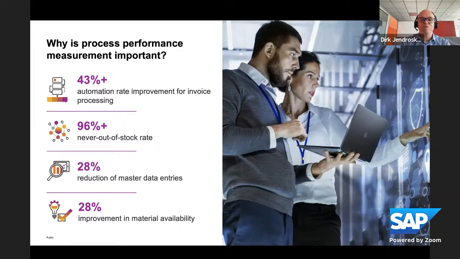You can reduce your master data entries by 28%, or improve your material availability by 28%. Those are just some examples we have seen in our customer engagements. There are many, many more. So actually, process performance measurement should be in the interest and in the core of every company.